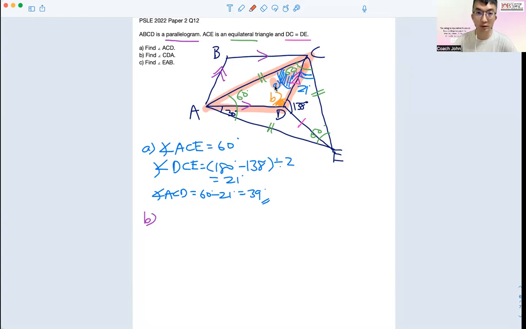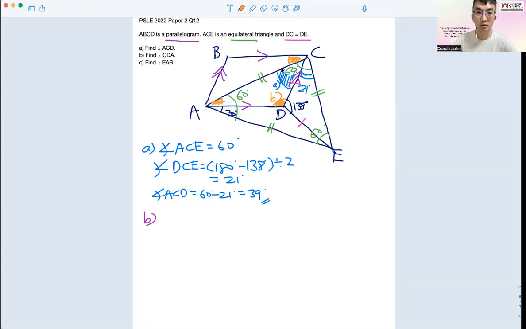So A is 39. Which means that if you can find this, you can just take 180 minus this to find this. So this is our goal. To find this angle is actually the same as this angle.